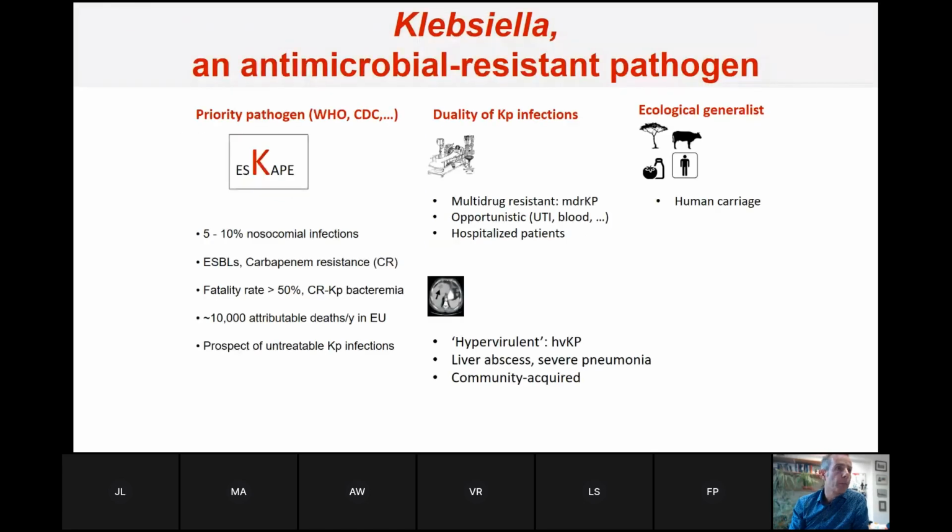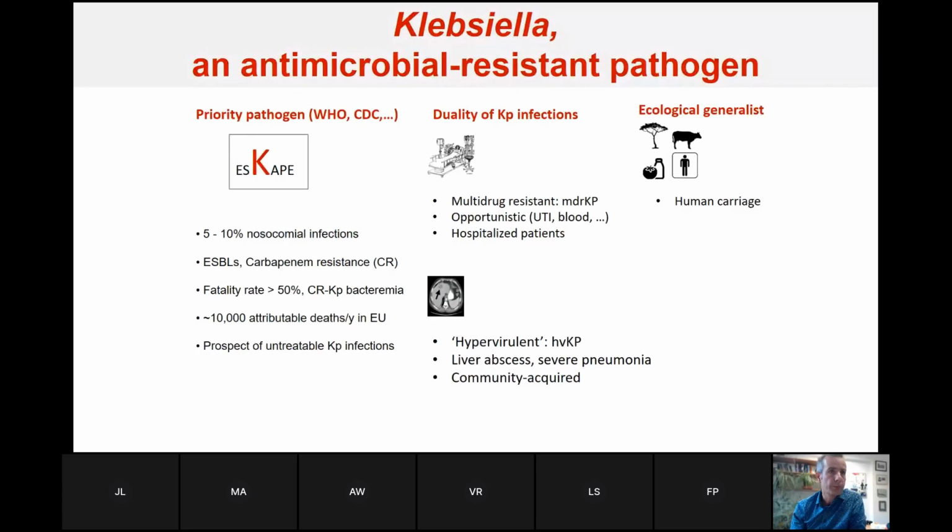So we are interested in Klebsiella because it's a very important pathogen in terms of public health threat. It's, as you know, a multi-drug resistant pathogen. Some infections are nearly untreatable or truly untreatable, especially those caused by strains producing carbapenemases or ESBLs.